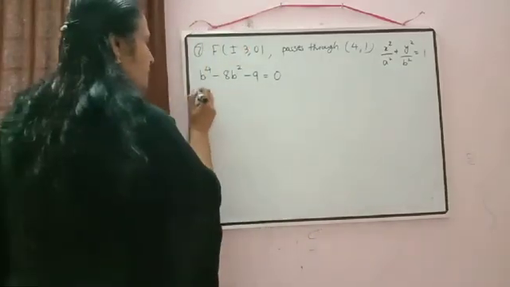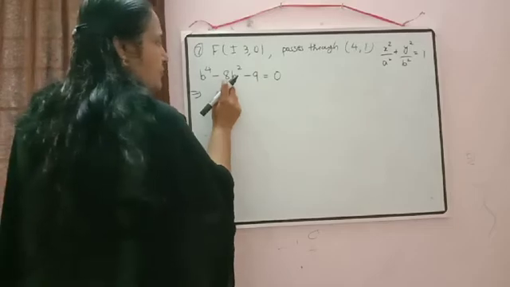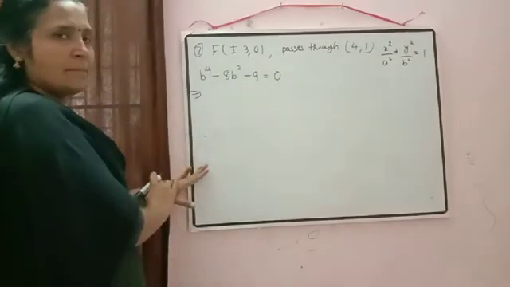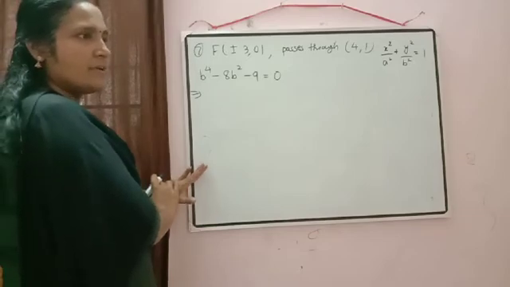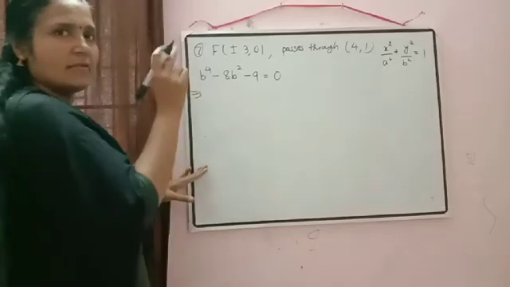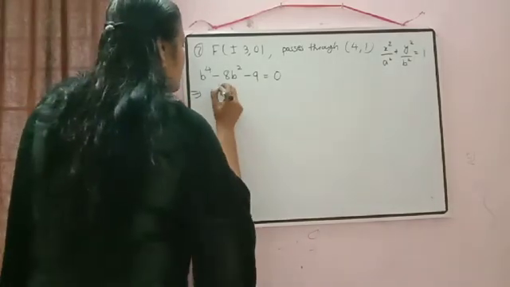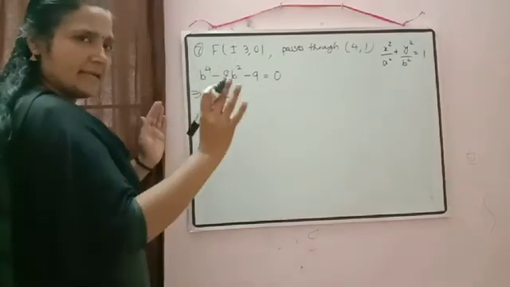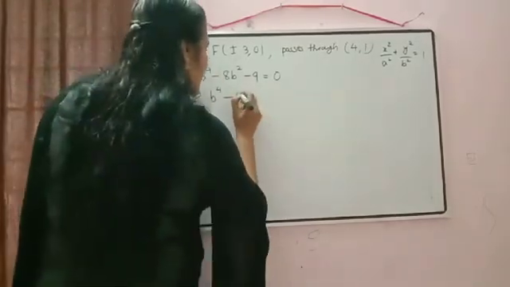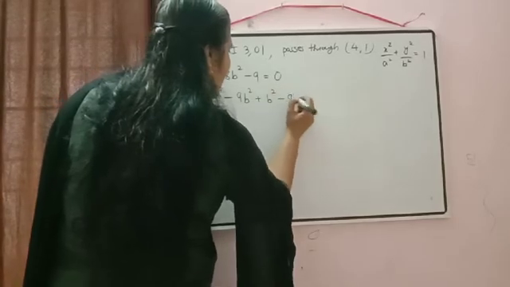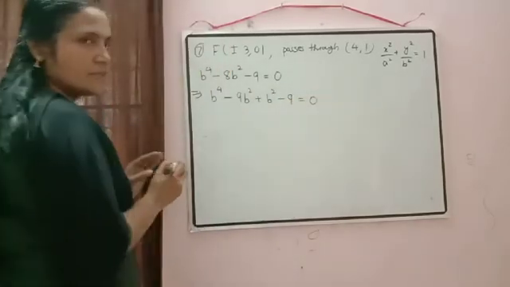We want two numbers whose sum should be equal to minus 8 and product should be equal to minus 9. Obviously 9 and 1, and since the sum is negative, we write minus 9. So we get b raised to 4 minus 9b square plus b square minus 9 is equal to 0.